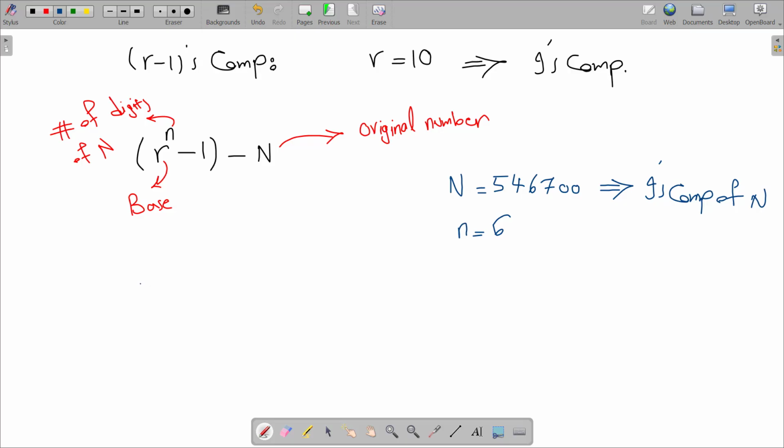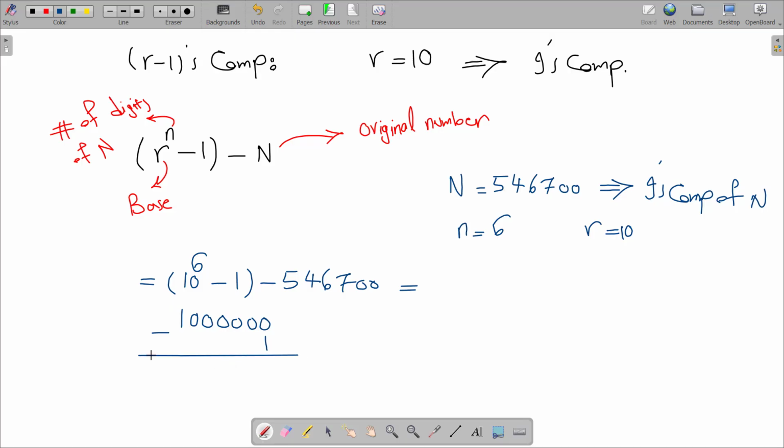Now if I substitute into the formula, R is 10: 10 to the power of 6 minus 1 minus n. If you calculate this, we have 1, 2, 3, 4, 5, 6 minus 1, which gives 9, 9, 9, 9, 9, 9, minus this number.